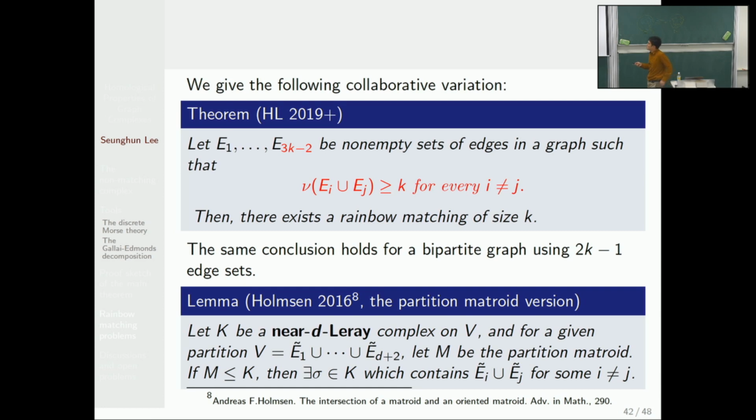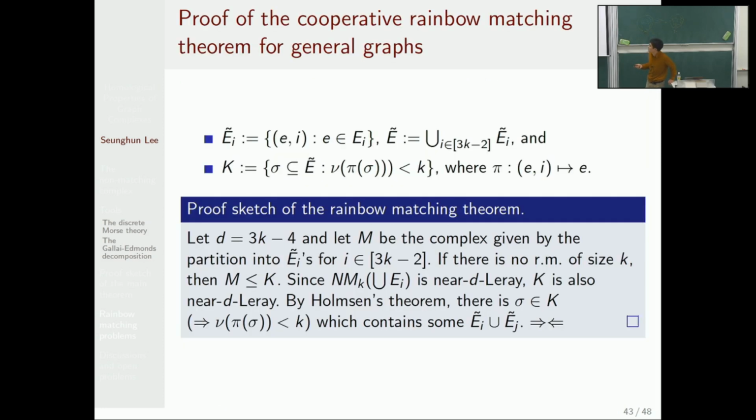For example, we required that every set should be non-empty, but they require that only 3k minus 3 of them should be non-empty. They also proved the same result in bipartite graphs using a combinatorial argument.